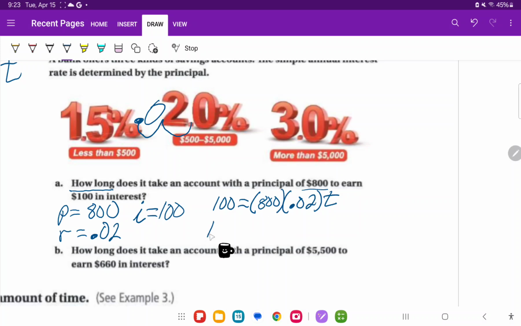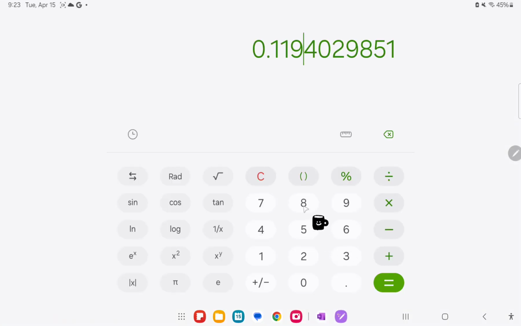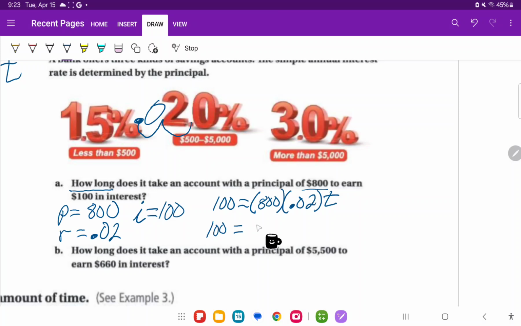Right? So we're going to bring down our 100 equals, and then 800 times 0.02. So that gives us 16. So if I go over here, that is 16. And then you still have your t, like that. Okay, so now I'm just going to bring this up here to keep working.